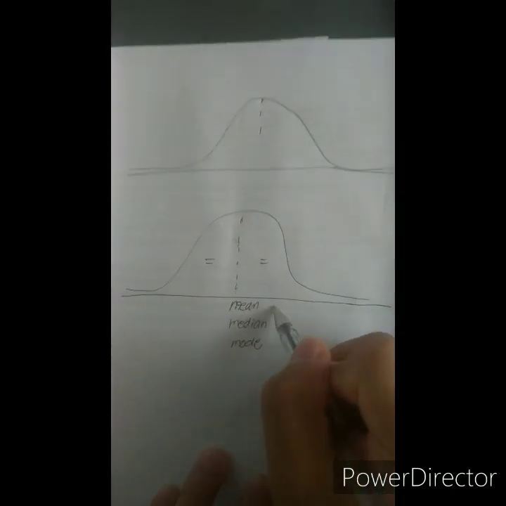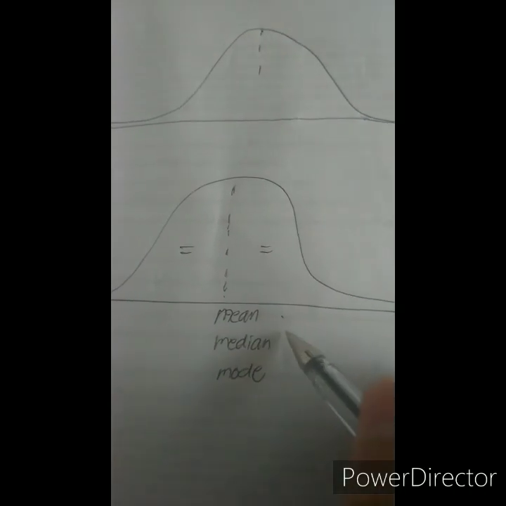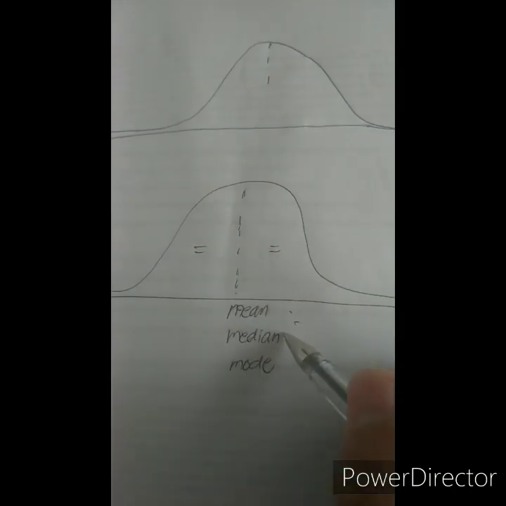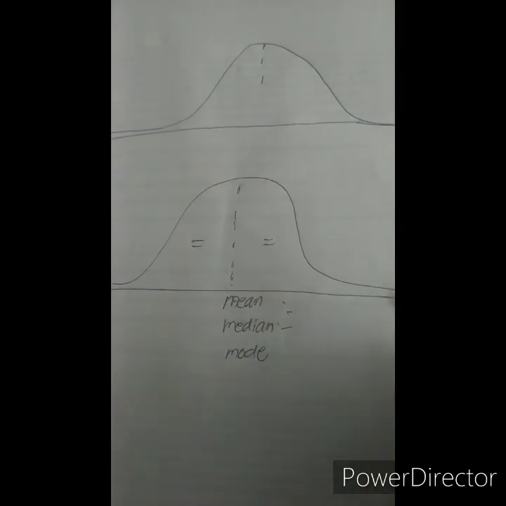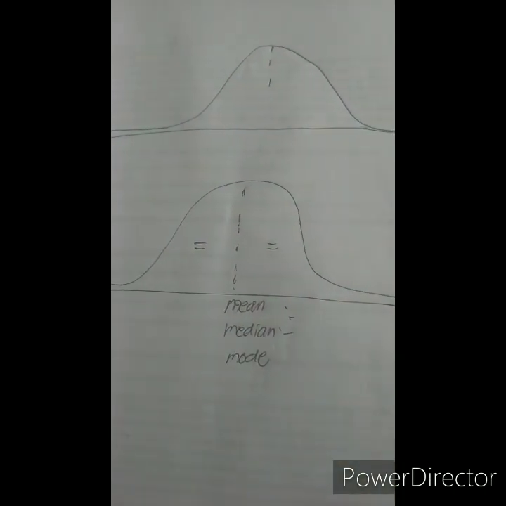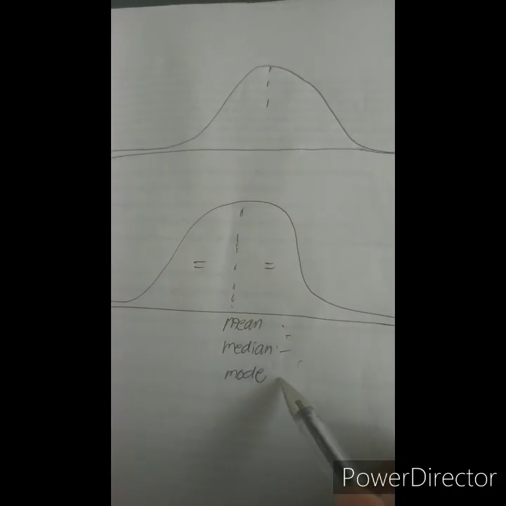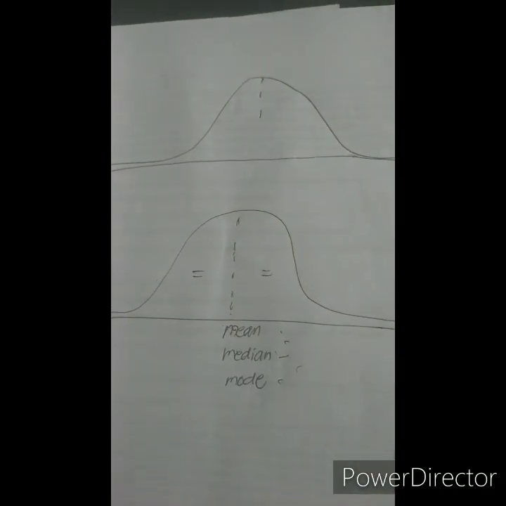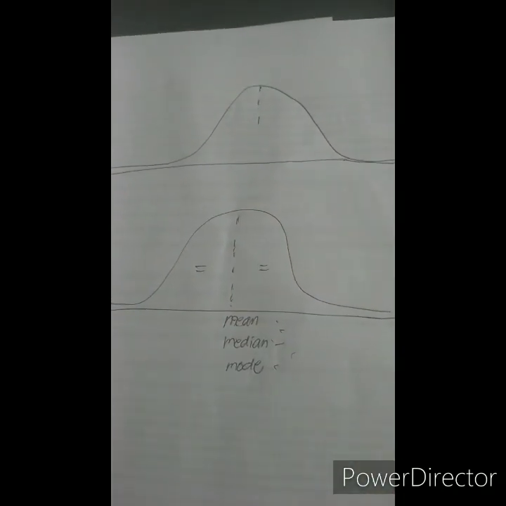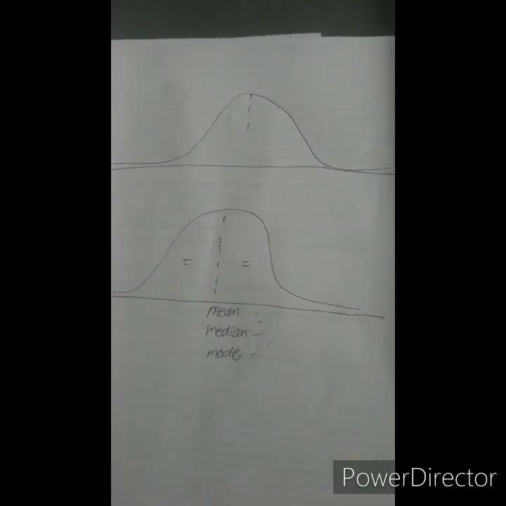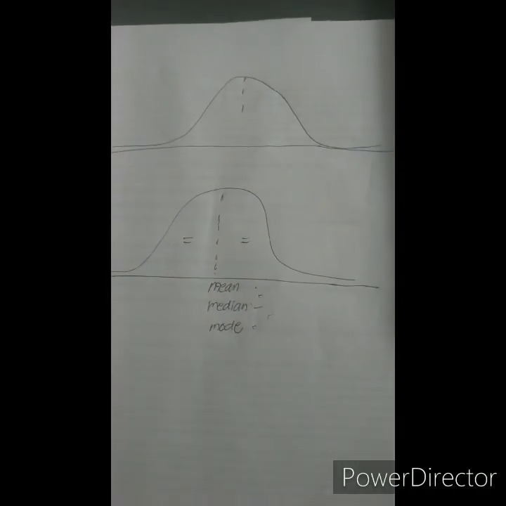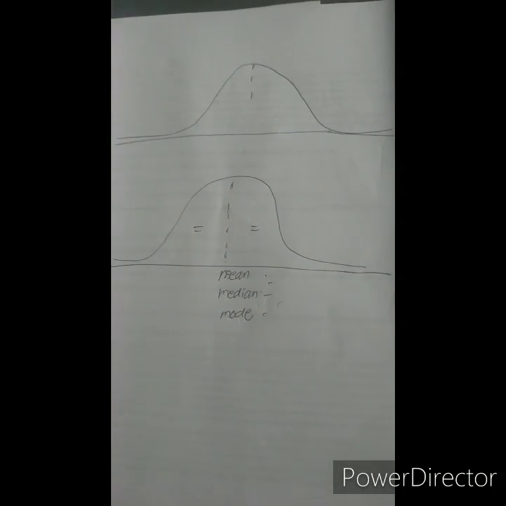Let's do a quick review. When we say mean, it's the average. The median is when you arrange the data, the one in the middle. The mode is the most frequent datum that you can see within the set of data.